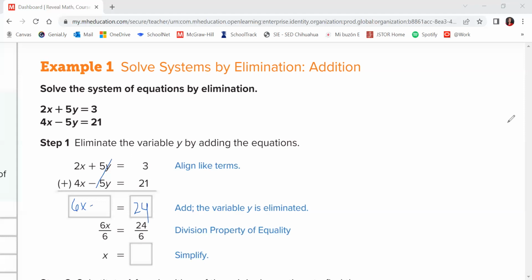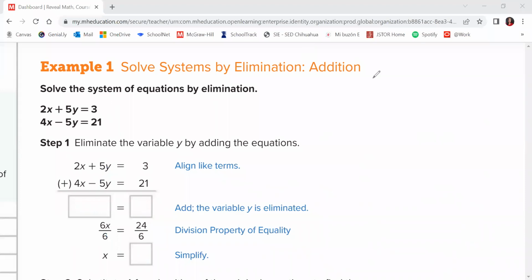In this case, it will be plus 0, but it is okay if we don't write it down, because it's a 0. So we end up having 6x equal to 24. To eliminate the 6 and leave the x by itself, we divide by 6. So we eliminate the 6, we end up with x, and 24 divided by 6 is 4. So x is equal to 4.